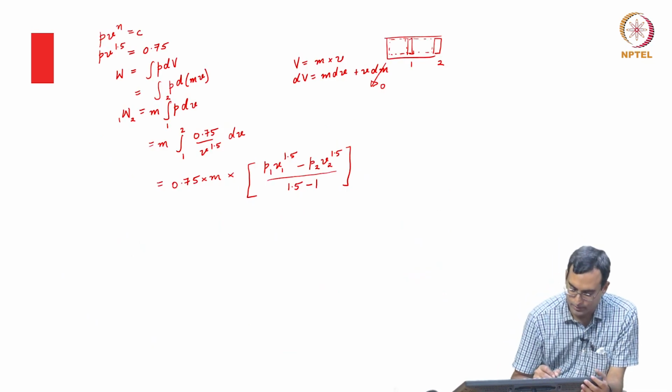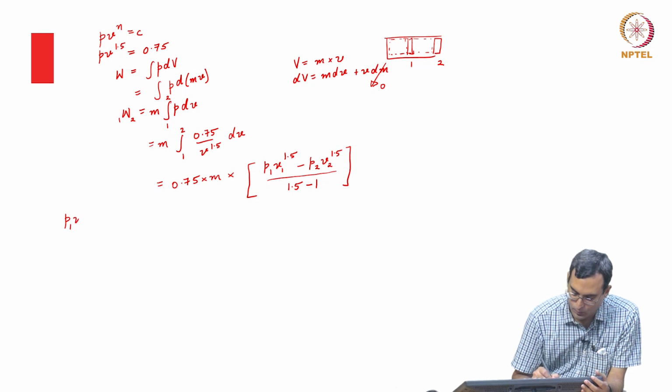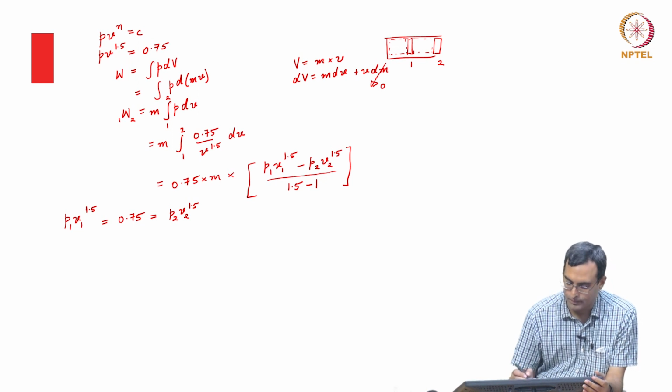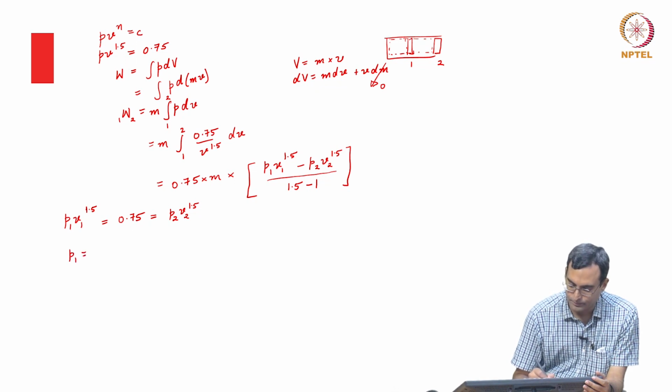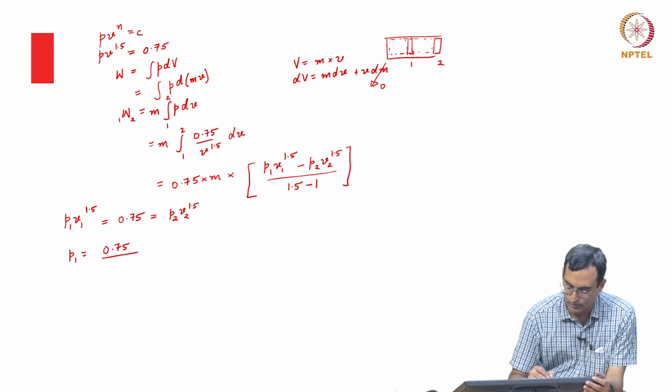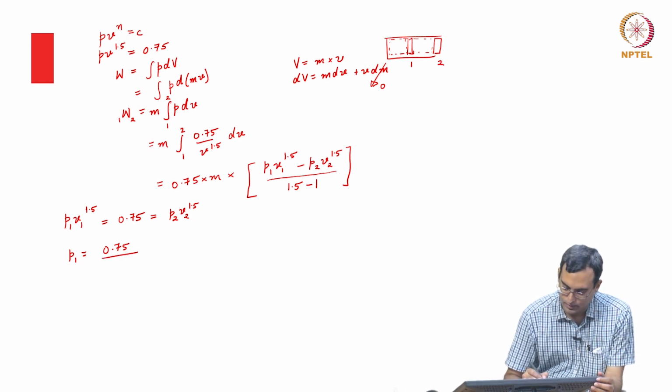So what we can write is P1 V1 to the power 1.5 is equal to constant, that's 0.75, is equal to P2 V2 to the power 1.5. We know V1, we know this, so we can find out P1 from here. P1 is 0.75 by V1 to the power of 1.5.